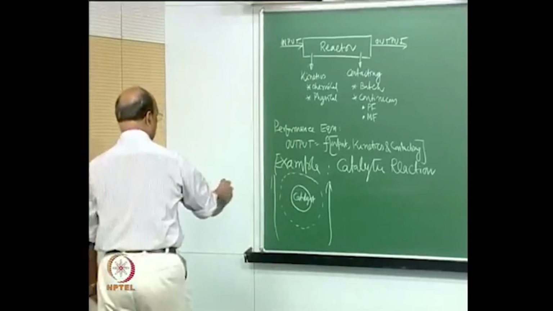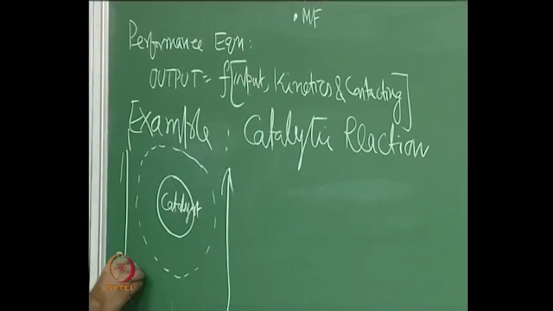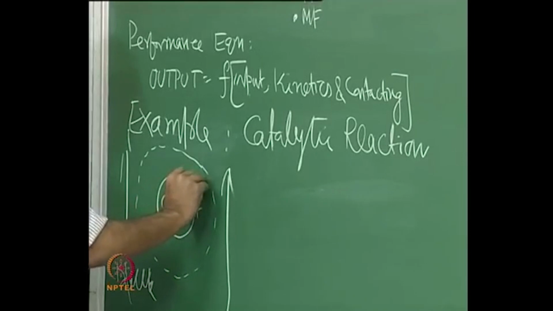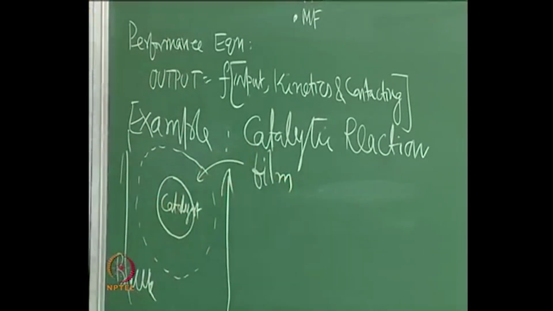So, if I isolate one particle and look at it, this is what is happening. This is the bulk gas, this is the catalyst, and this is the film. And now we have to imagine how I should model this.